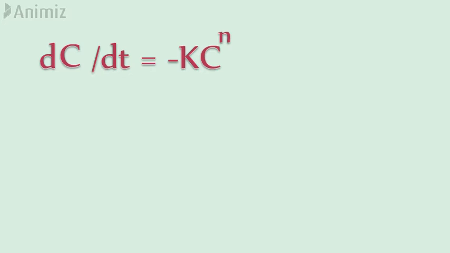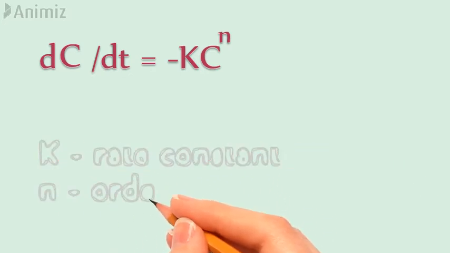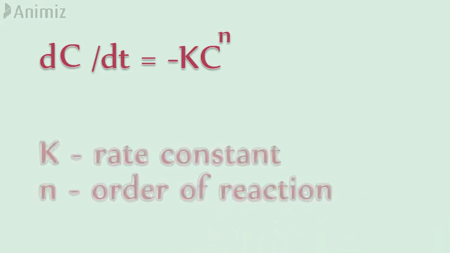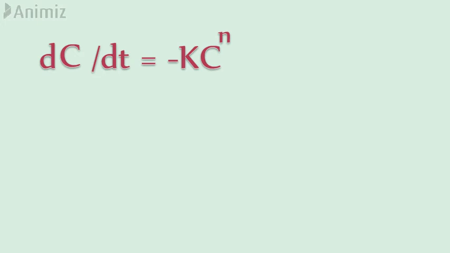In this equation, k is the rate constant and n is the order of reaction. You need not be a mathematical genius to approach pharmacokinetics. Calculus is used in kinetic studies, but having an idea about the mathematical expressions used is enough. Computer programs and scientific calculators are very commonly used nowadays.